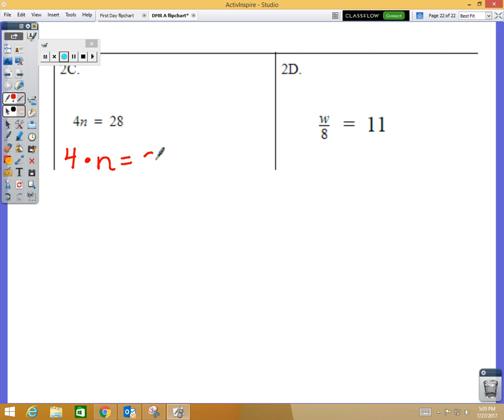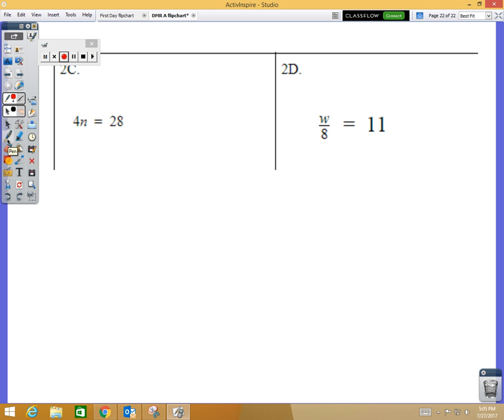Now, I don't like using this when I'm writing an equation, because this multiplication sign right there sometimes looks like an x, which can be confused as an additional variable, so it's not a good idea to use that x as a multiplication sign. You can use a dot like I have used right here, but it's best to write just the 4 and the n right next to each other. So we all need to know that 4 next to an n means 4 times n.